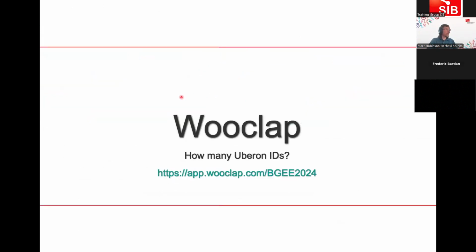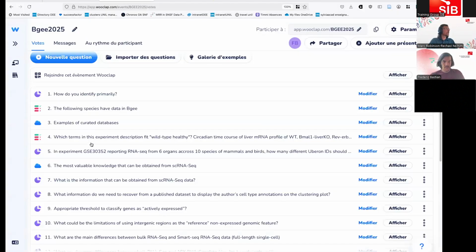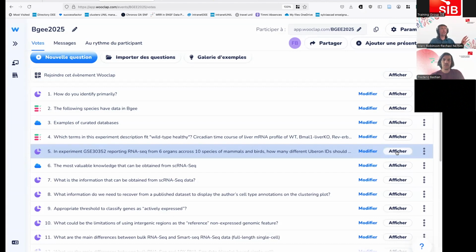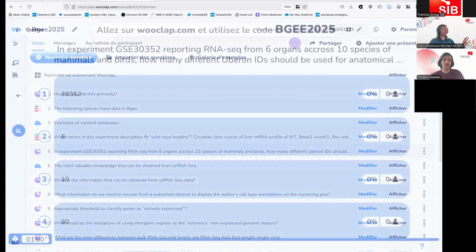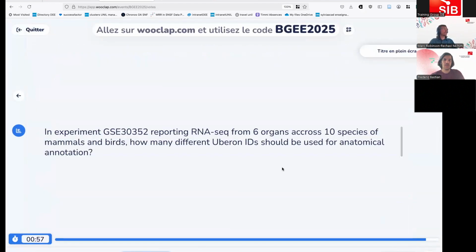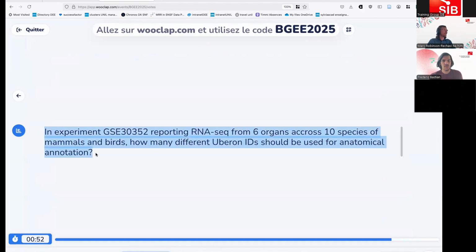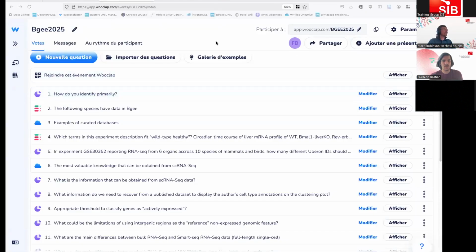So another little woo clap. If I have a data set that I annotate, I'm going to show you the description, tell me how many Uberon identifiers, so unique terms in the ontology of anatomy, I should have for this description. So this is the description. We have 6 organs and 10 species of mammals and birds. How many different Uberon IDs should be used for anatomical annotation? I will put this again in the chat so that you see it.